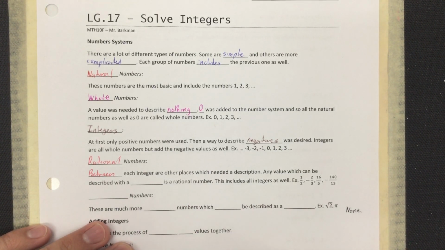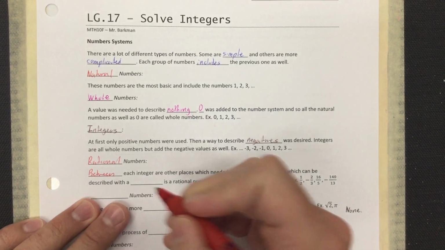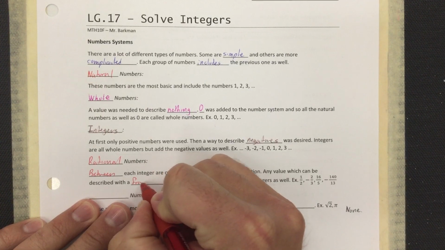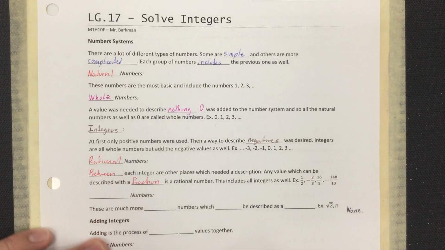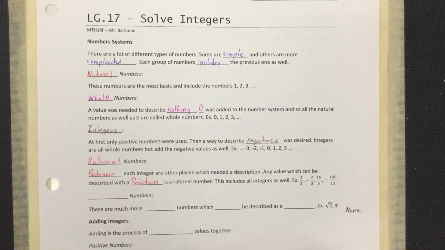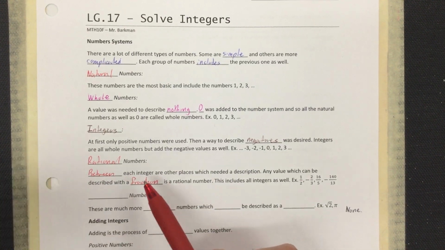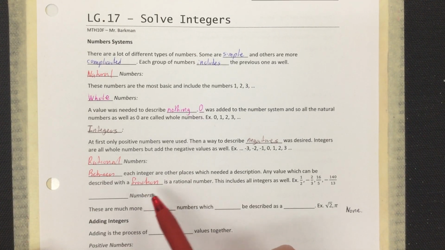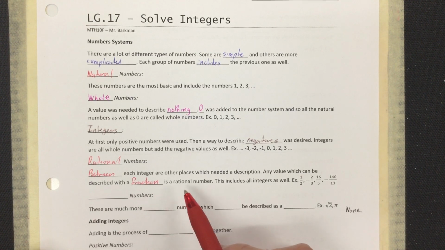Technically, any value which can be described with a fraction is a rational number, and we'll talk a little more about that in the next lesson. We've looked at adding, subtracting, multiplying, and dividing fractions. Those are all what we would call rational numbers.